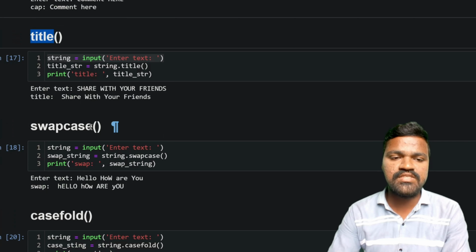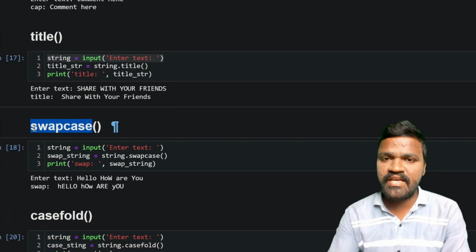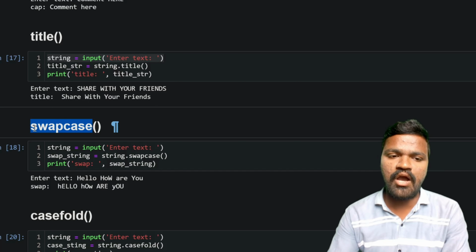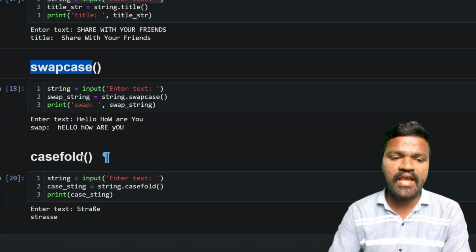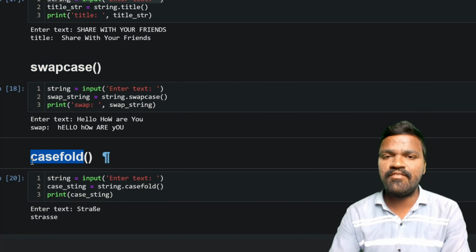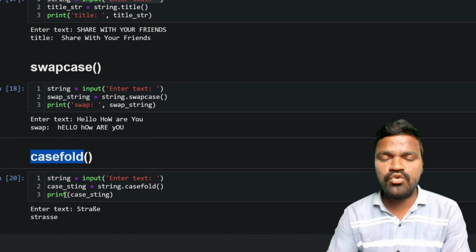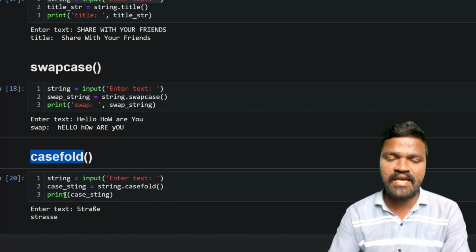When we use swap case, uppercase characters are converted to lowercase and lowercase characters are converted to uppercase. At last, we have casefold, which has similar functionality to lower. Apart from that, non-ASCII codes are also converted to lowercase characters.